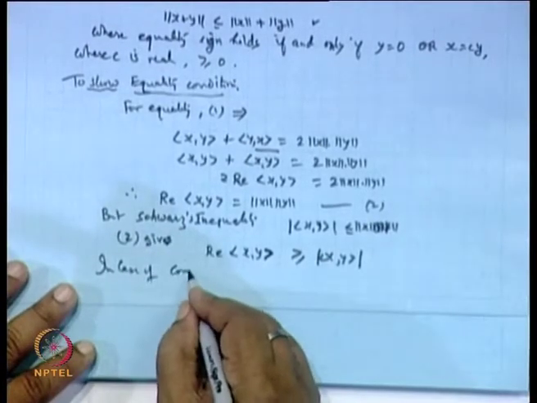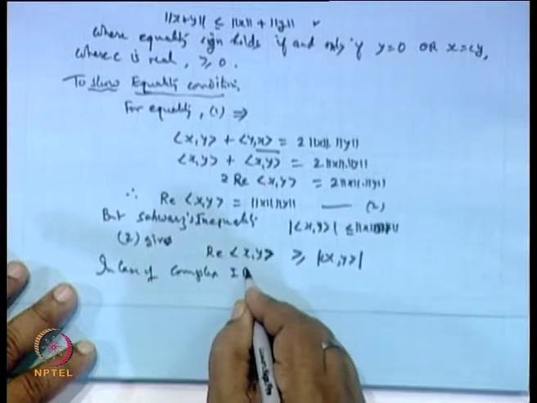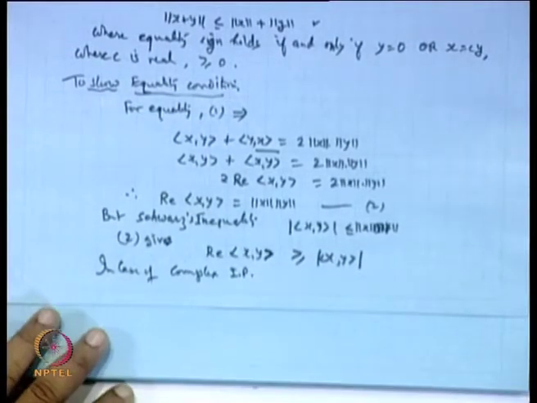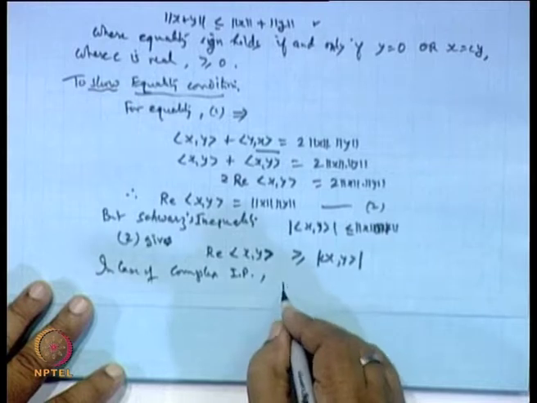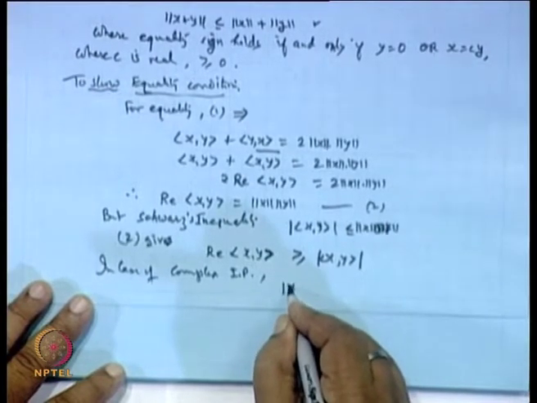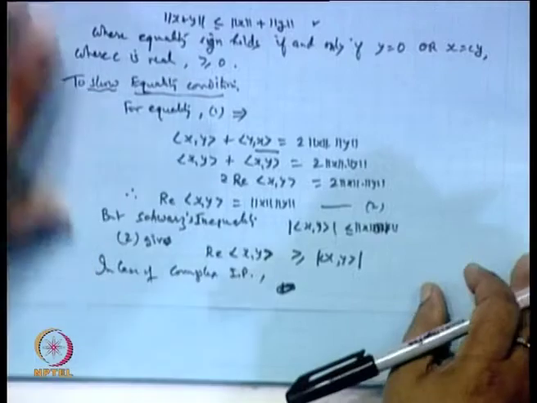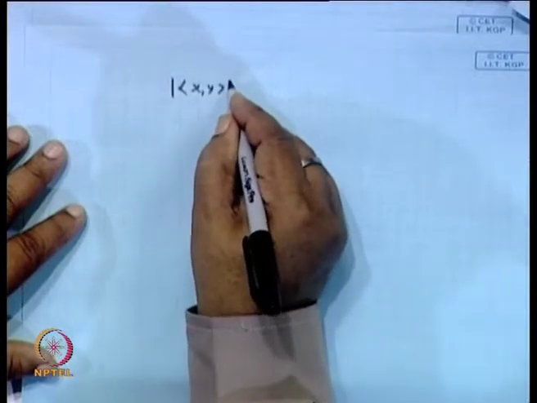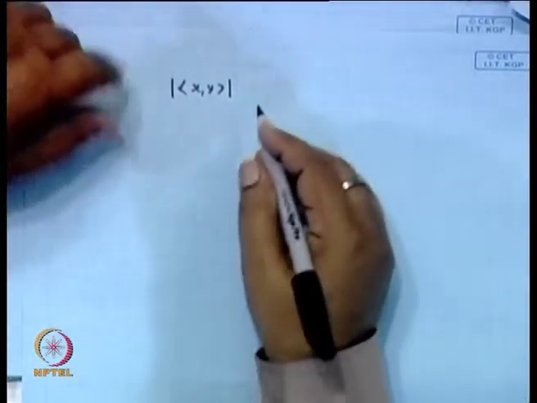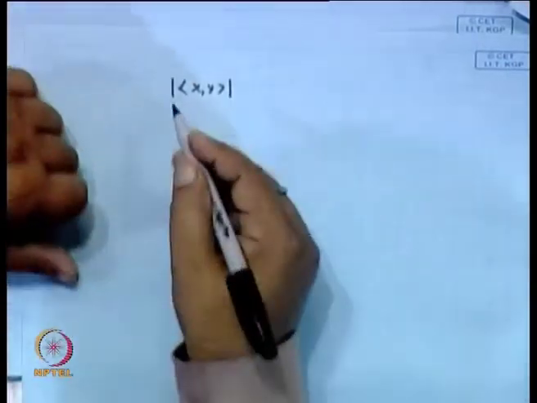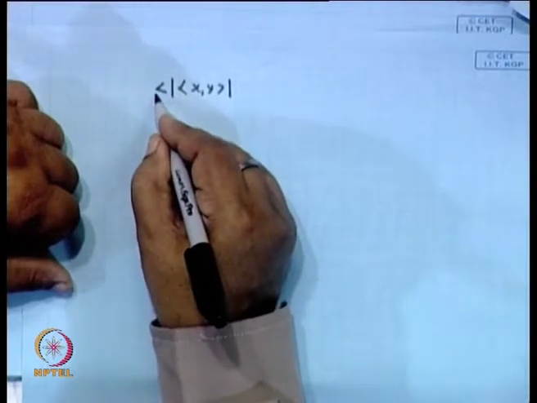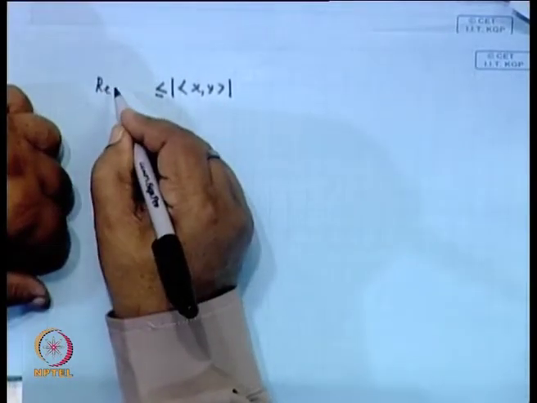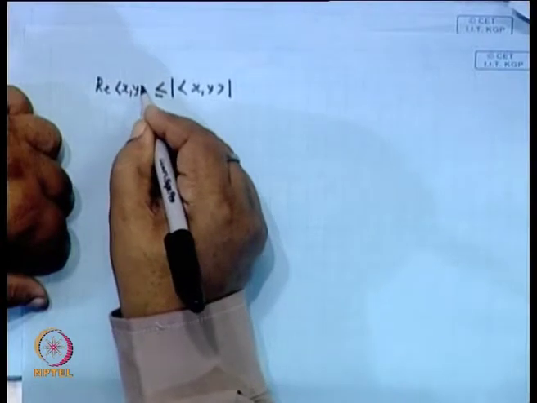Now, in case of a complex inner product space, the modulus of the inner product x y will not be less than or equal to the real part of this; rather, it is always greater than or equal to the real part of the inner product x y.